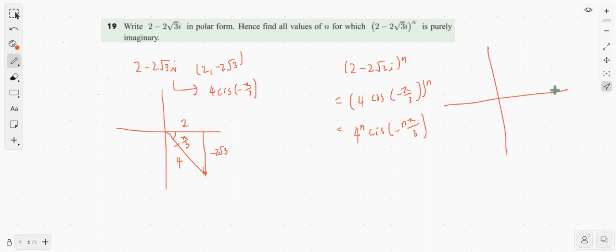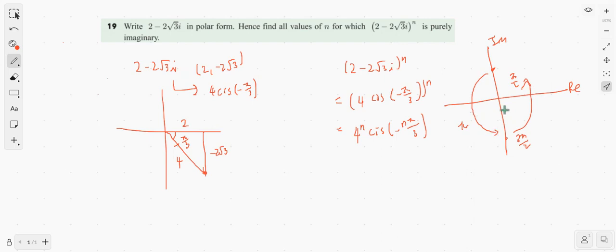So when you draw the axes, you get the real axis and the imaginary axis. If you want to get a purely imaginary number, the angle must be either pi over 2 or 3 pi over 2, which can also be minus pi over 2, and so on. The difference between these 2 points is pi.